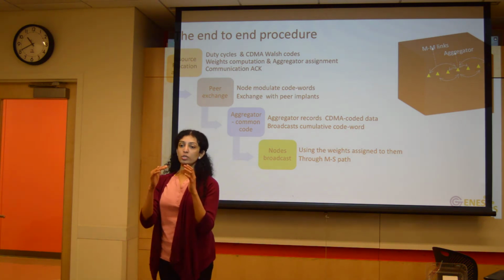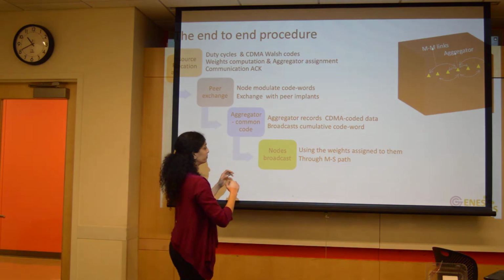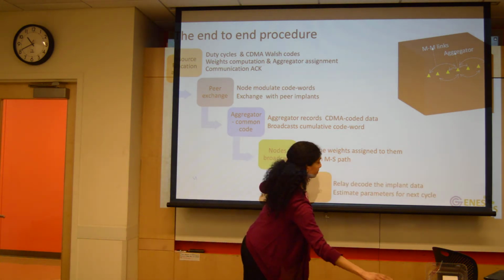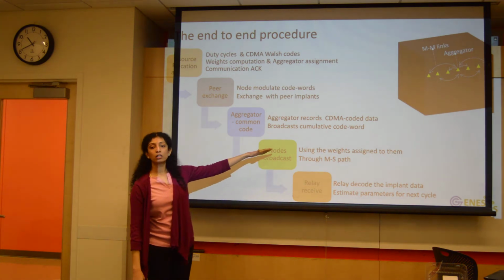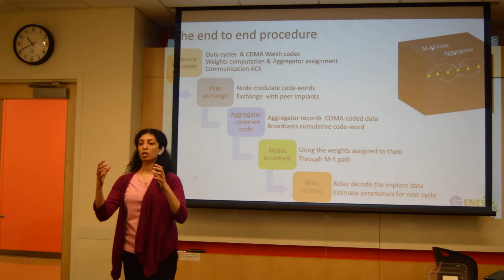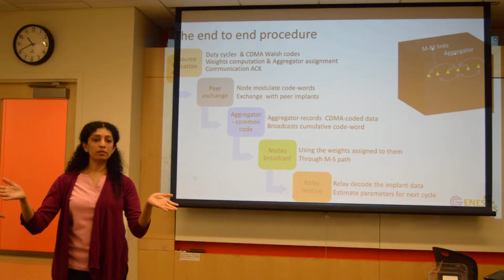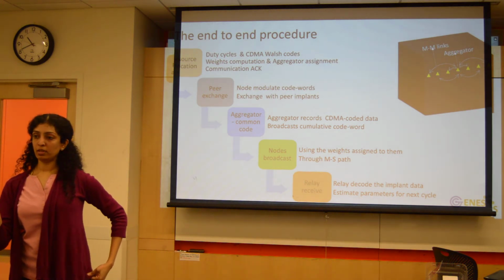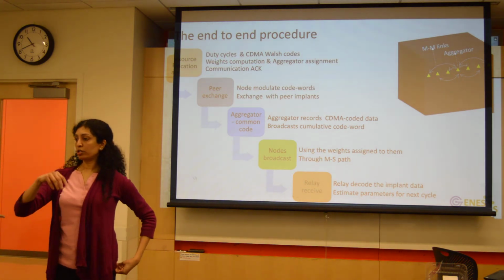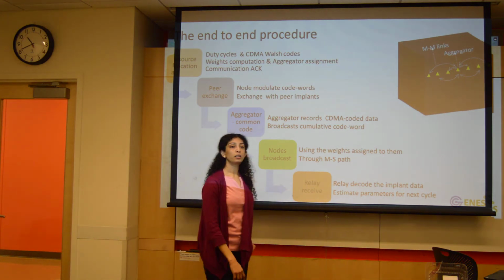So the implants are using very little energy to receive them. And finally, they broadcast. Based on the aggregated code, all the implants share the same data, and now they are acting as the exact array elements of the normal beam forming scenario, because they all have the same data. They just transmit the same code word to the relay.